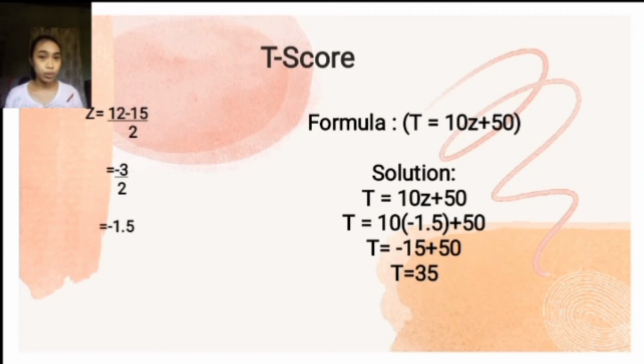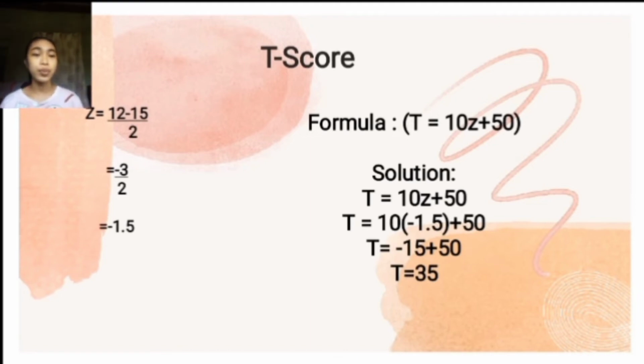The 35 pertains to the raw score of 12 in the situation given in the z-score earlier. The value there is negative, so we convert it by getting the t-score, and that way it can be easily understood and we can easily perceive that 35 is the raw score of 12.